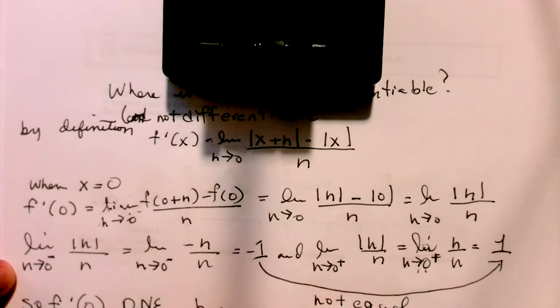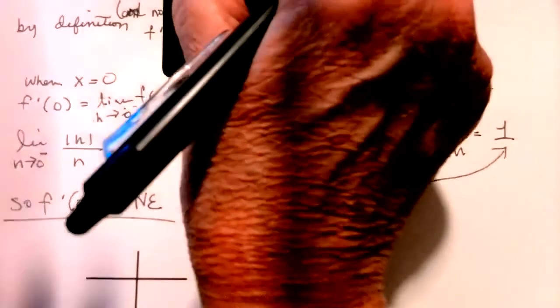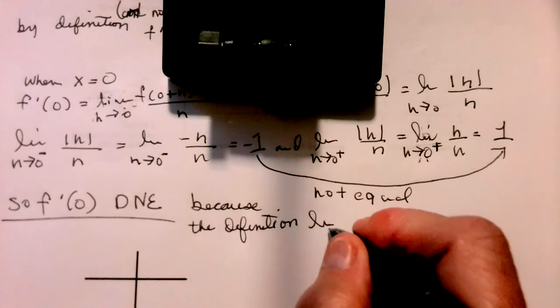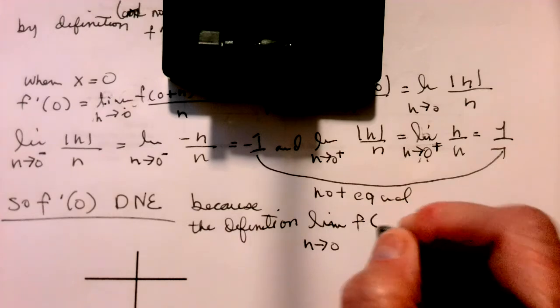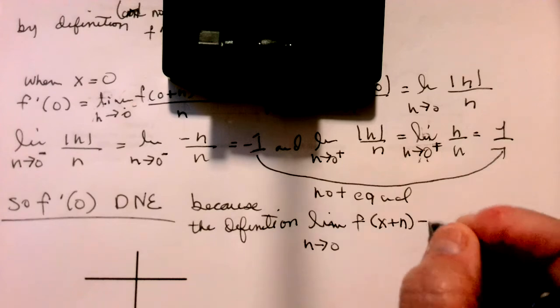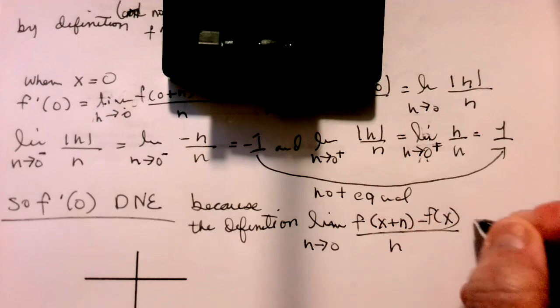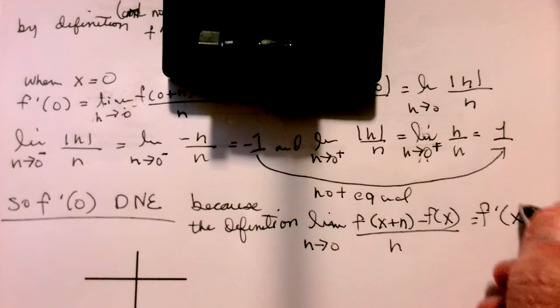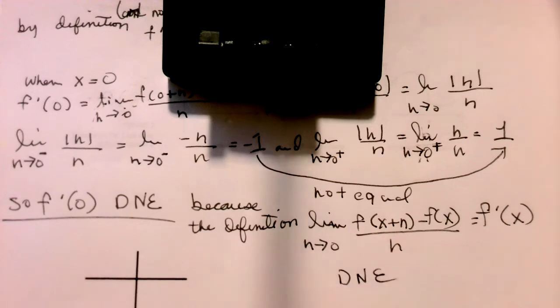Because the definition, which is not the limit at 0, but the limit that's the definition, the limit as h goes to 0 of f of x plus h minus f of x over h, that's the definition. It does not exist. Okay, so it does not exist.